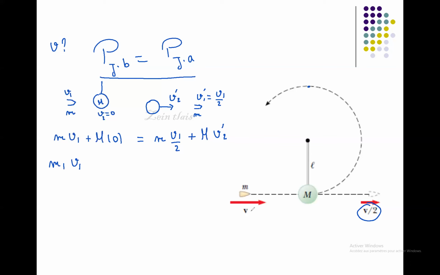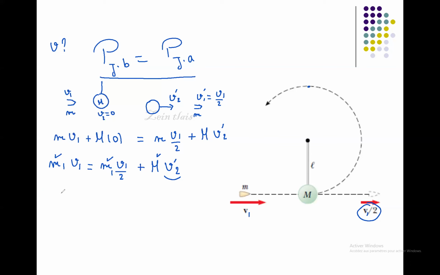So m V1 equals m V1 over 2 plus M V2 prime. We have the values of m and M. To calculate V1, I need to calculate the value of V2 prime of the pendulum.